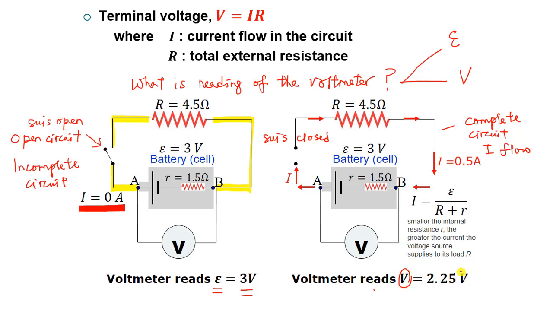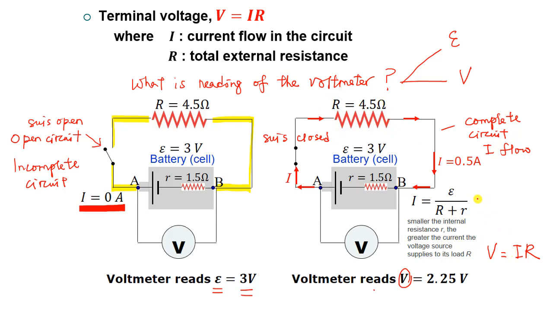So how do I know the value of the terminal voltage? First I calculate the current from the EMF, relating the EMF with the external and internal resistance. We find the current, and then the terminal voltage will be the current multiplied by the external resistance.